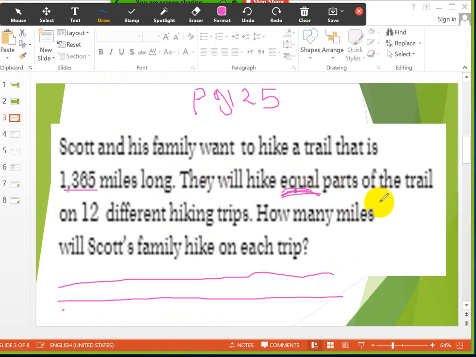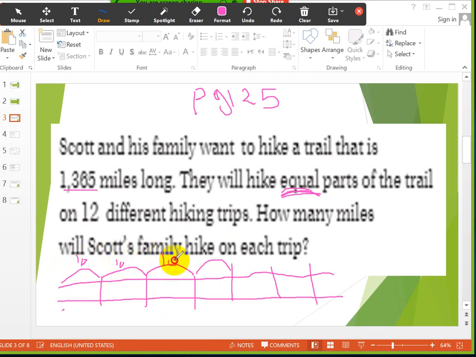They will hike equal parts of the trail on 12 different hiking trips. That means they will walk and stop, take a rest, and then they will walk and stop, take a rest. They will do that 12 times. But Scott and his family want to walk equal miles, such as, as an example, I want to walk 10 miles, then I will stop, then 10 miles and I will stop.